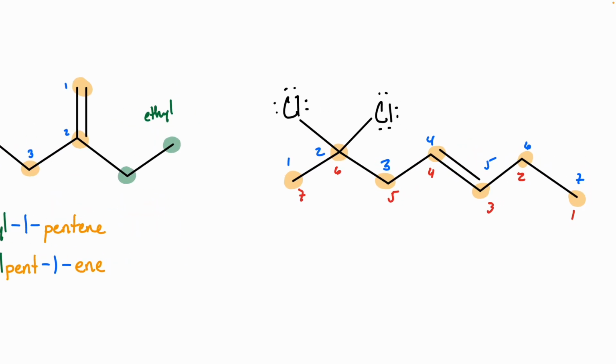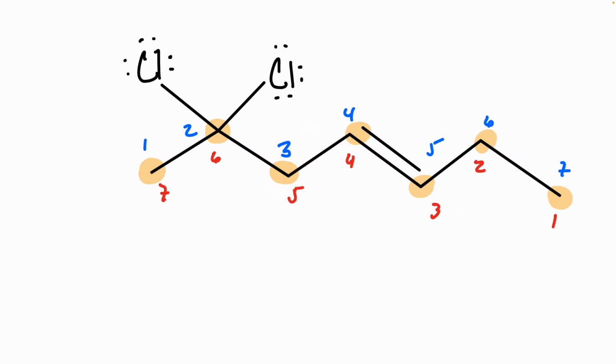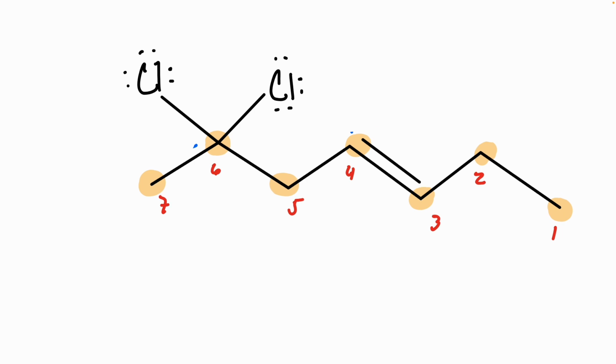Which one of these two numbering schemes do I want, the red or the blue? The red, because I'm not going to pay attention to these chloro substituents at all when I'm picking my numbering scheme. The only thing I'm going to look at is that functional group. We prioritize that functional group, making sure our functional group has the lowest possible number. That's why I'm going to pick my red numbering scheme here.